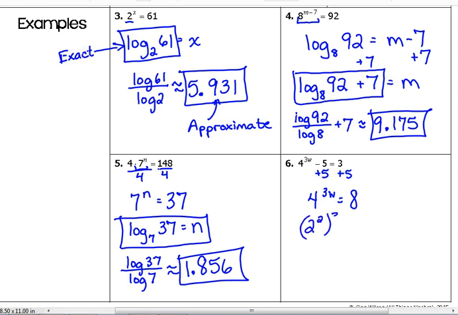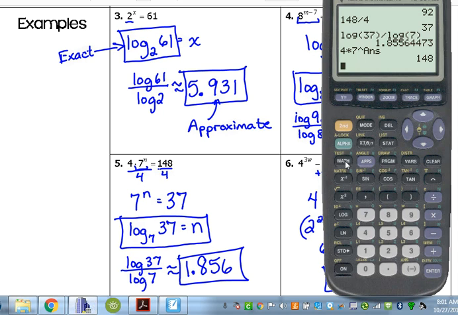But here's the good news. If you're not looking for that, the other way that we've been doing it will still work. It's just more work than you need to do. So 4 is 2 squared. 8 is 2 cubed. So we've got 2 times 3w, which is 6w, is equal to 3. So we divide both sides by 6. So w equals 1/2. So be on the lookout for stuff like that.